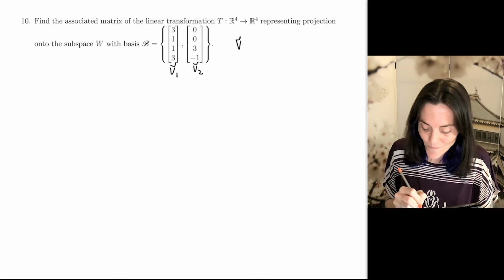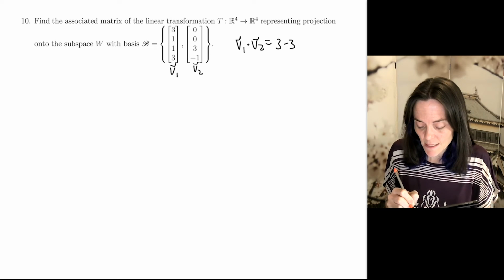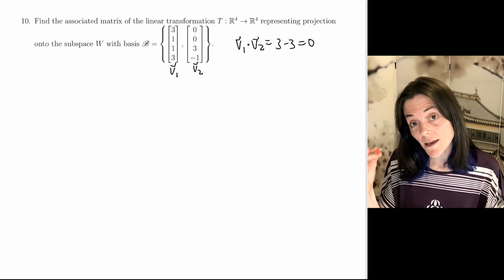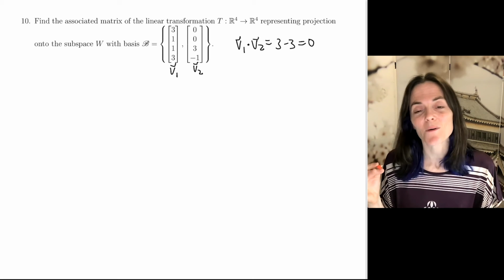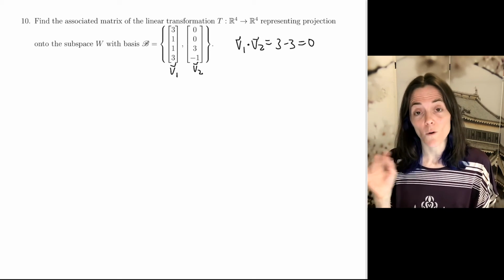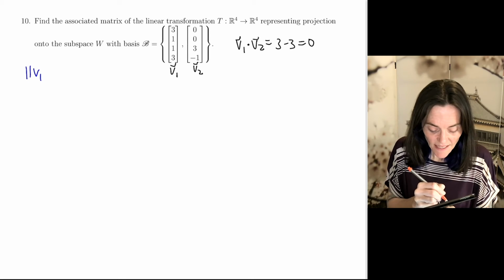You note that V1 dot V2, well, this is 3 minus 3, which is 0. This tells us that this is an orthogonal basis, but V1 and V2 are not unit. So let's first normalize these vectors to get an orthonormal basis for W. Let's calculate the length of V1 and length of V2.